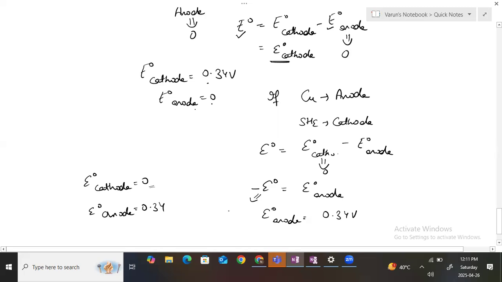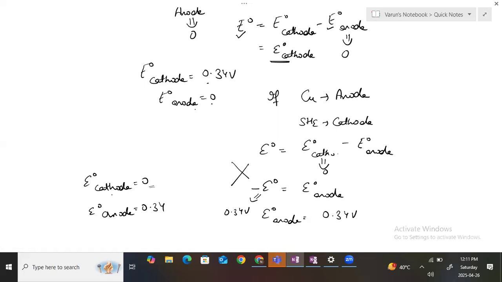Get it? So according to this, the setup will be wrong because in this case it is getting reversed. The one with 0.34 volt potential can never undergo oxidation. It will undergo reduction.